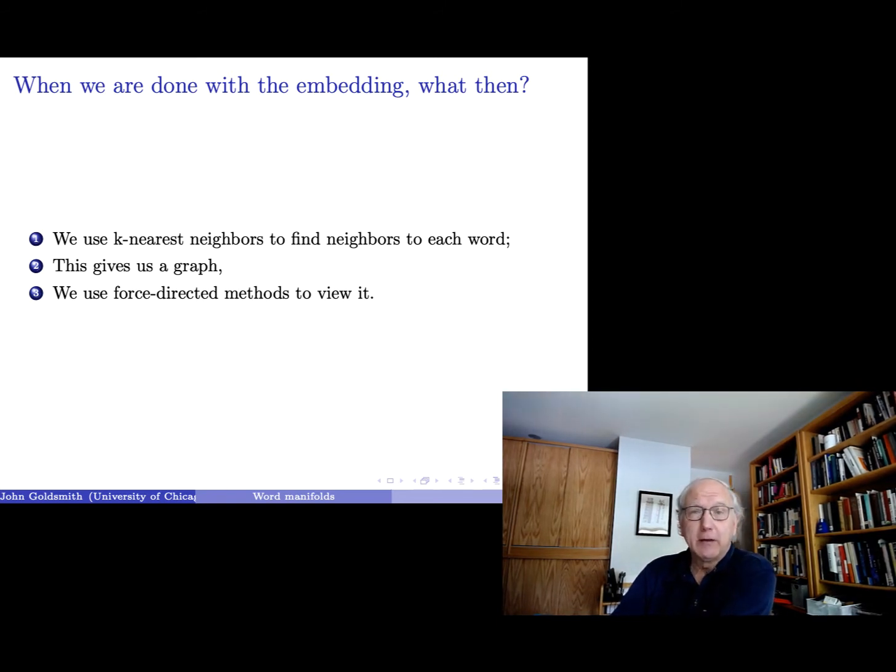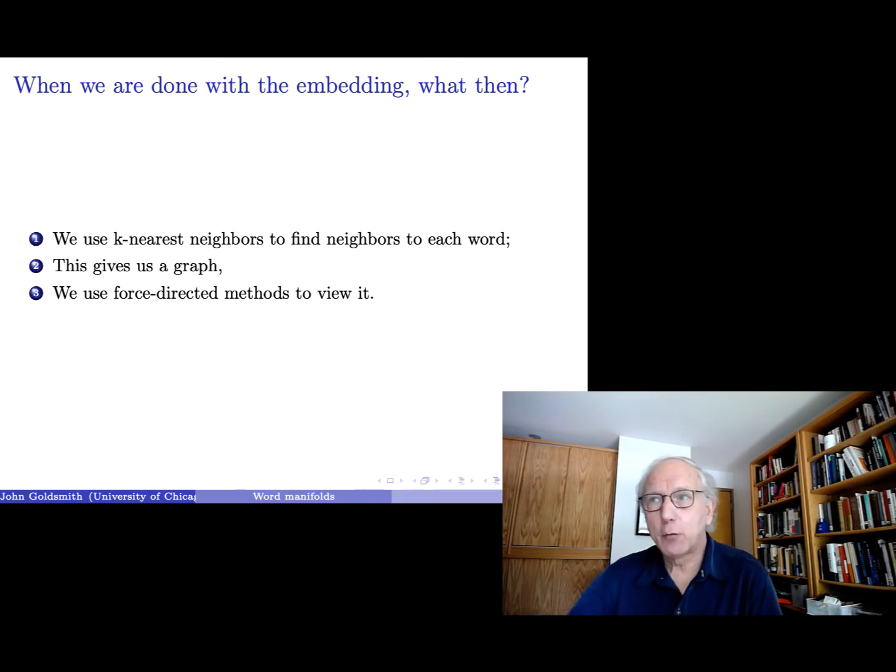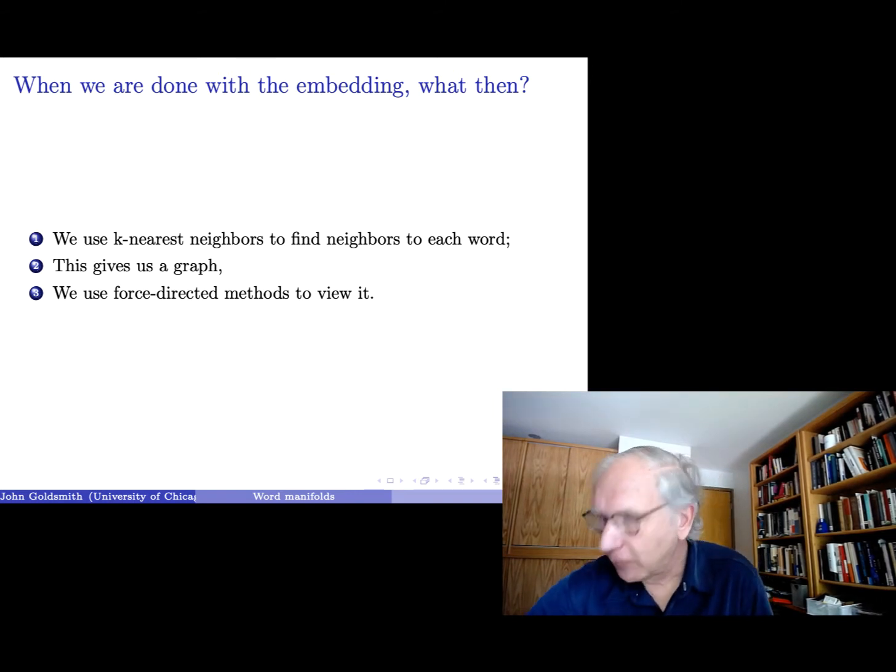Closest is very simply defined because it's already embedded in a k-dimensional space. So each word then has a set of neighbors, and that gives us a graph. We just create a graph where each word is connected to those nearest words. And that's the graph that you looked at, and we'll look at some more examples. We use force-directed methods to look at it.